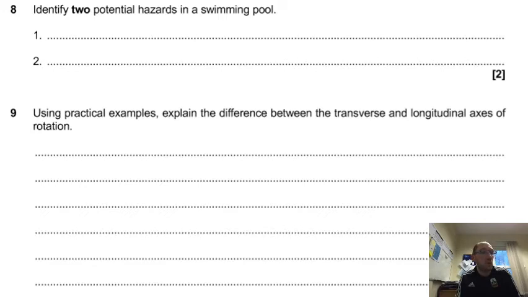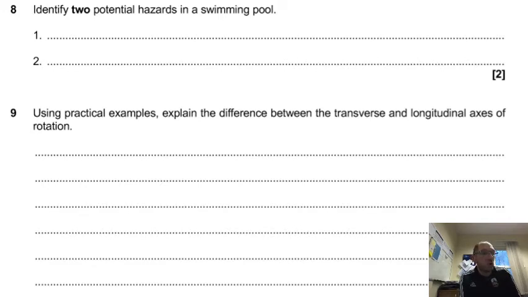Most candidates correctly named a somersault as the movement around the transverse axis and a pirouette as a movement around the longitudinal axis. Many responses also correctly stated that the transverse axis passes through the hips and the longitudinal axis runs from head to toe.